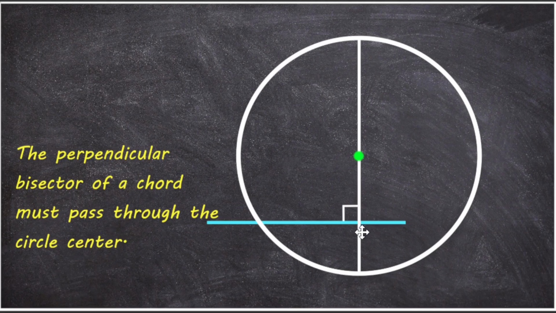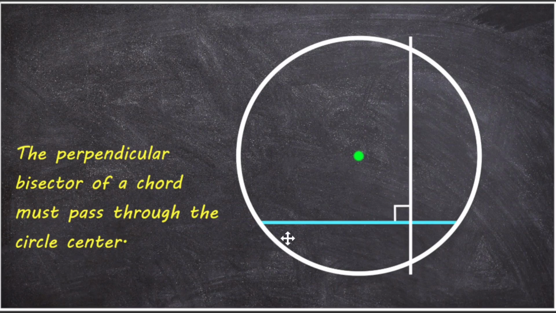The distance from the perpendicular line to the right side edge is not this, it's actually longer than that, and the distance from the perpendicular line to the left side edge is not this. The distance is much shorter, so neither end of the chord is at the circle's edge. We would have to move the chord and the perpendicular to a different position in order for both ends of the chord to be at the circle's edge.